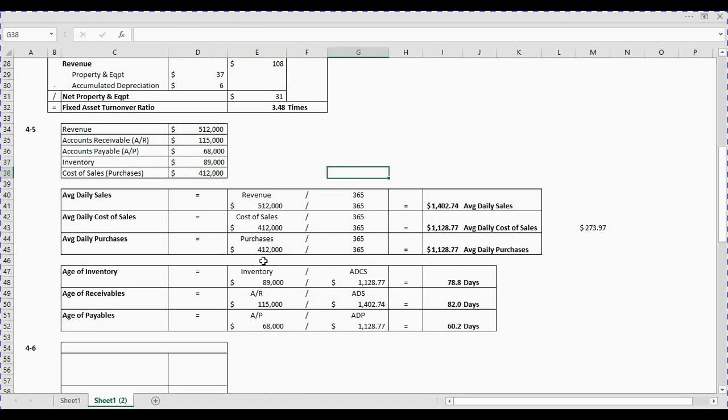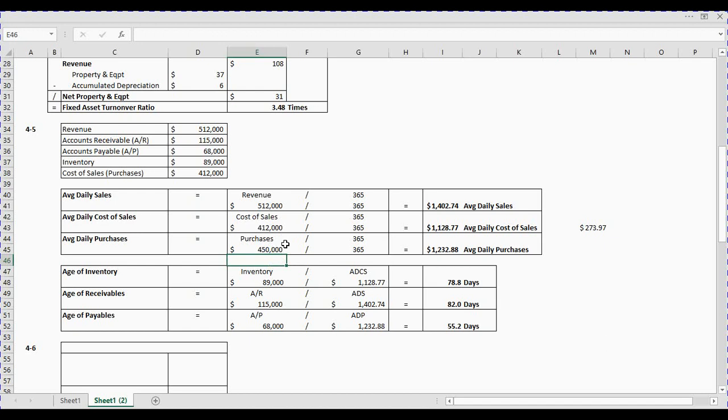I can tell you, let me just change this number. If, for example, this number was 450,000, let's say I had purchased $450,000 over the course of the year, but I only sold 412,000 of it. Well, where is the rest of that, right?